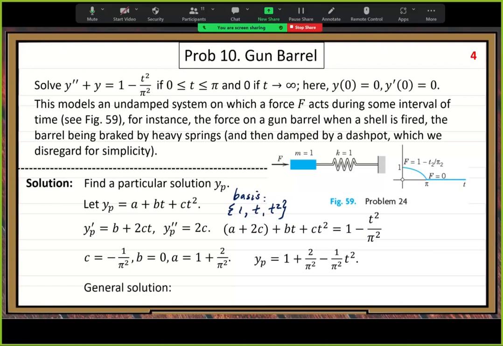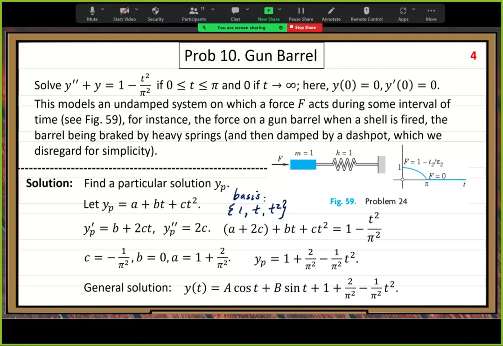So we need to do the general solution part, the homogeneous. That part we can see easily. Sine, cosine, capital A, capital B, two coefficients to be determined.